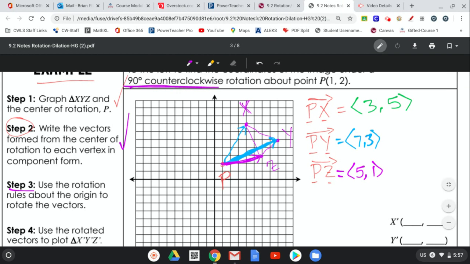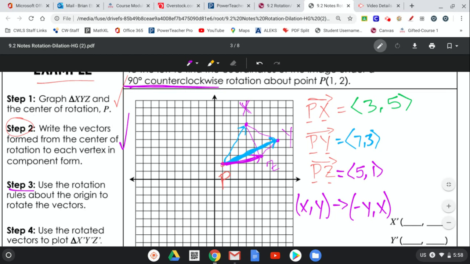So if we flip back and you look at the first page of the notes, the rule that we had was (x, y) goes to (negative y, x). We're going to use that for the vectors that we just wrote in component form.